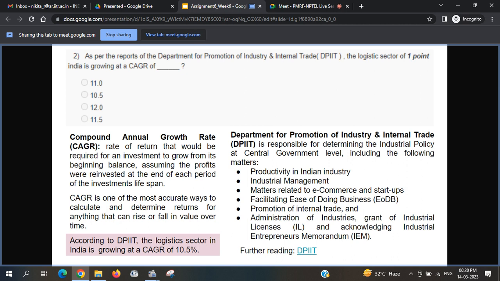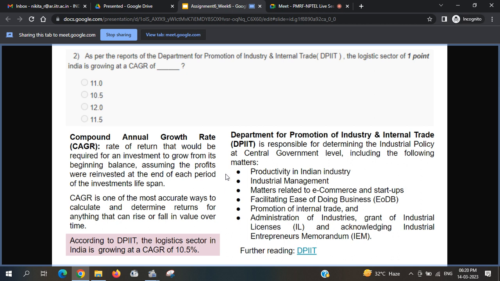So what the DPIIT in its report mentioned is that the logistics sector in India is growing at a CAGR of 10.5%. This is what I got from the lectures in which this report was mentioned.